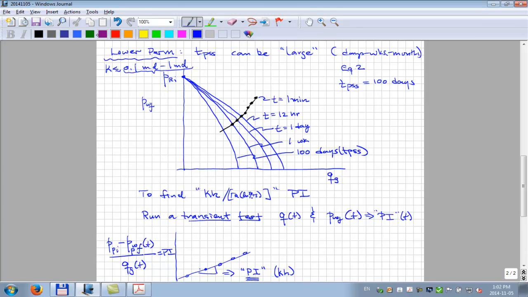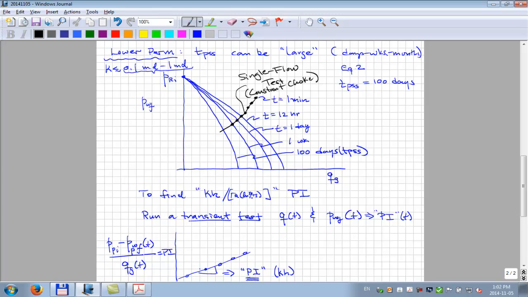Now this is what I would call a single flow test. The rate is not constant, but you basically put the well on a constant choke. This is basically the performance of a constant choke. The flow rate changes a little bit during the test, and the bottom hole flowing pressure is changing as a function of time during the test.